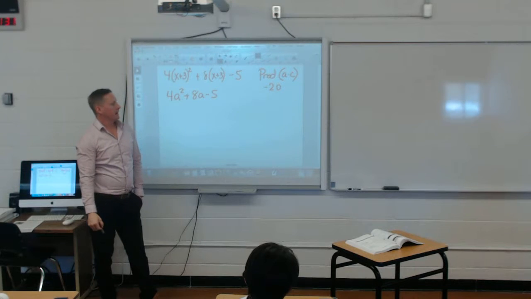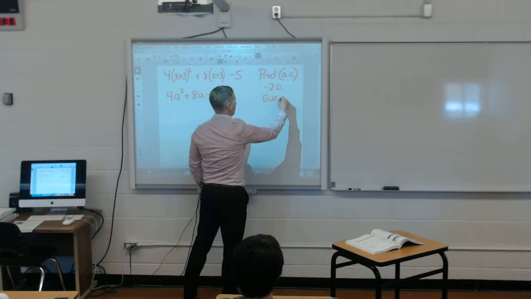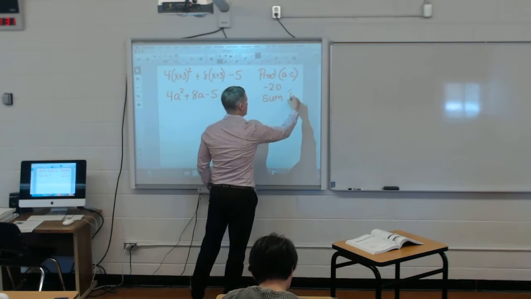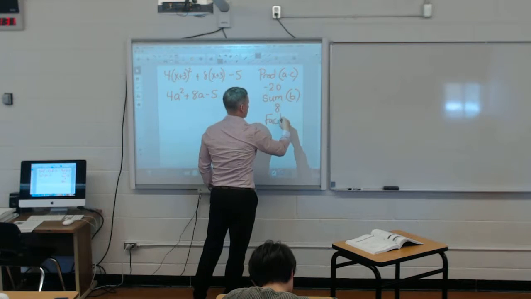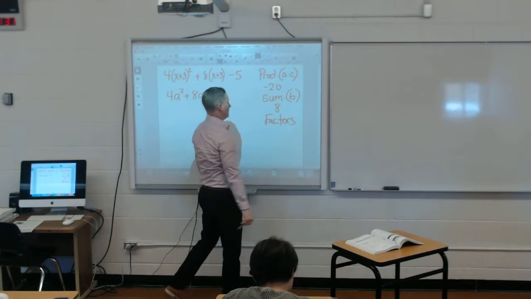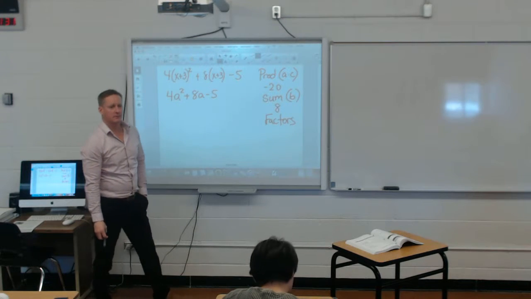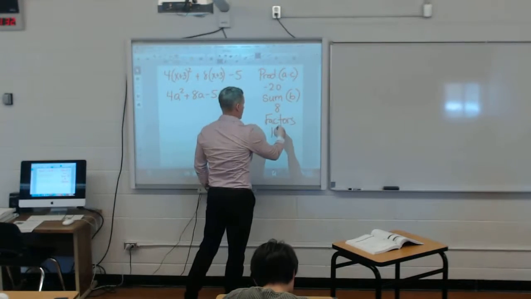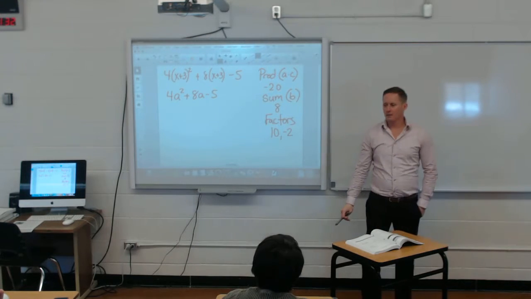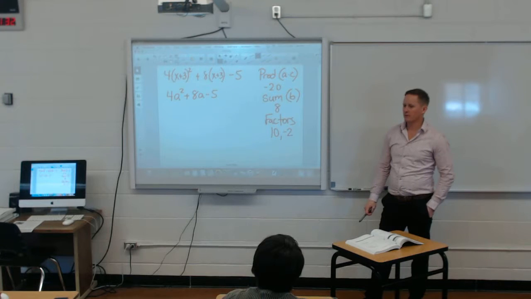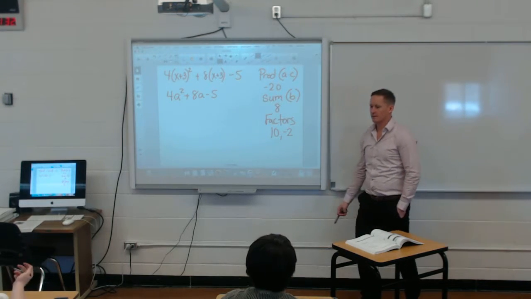Now I need a sum, which is my b value, of plus 8 from my factors. What are the factors of negative 20 that add to give me 8? 10 and negative 2. Good. You can rewrite it into brackets. Again, write this down. You have to do this.